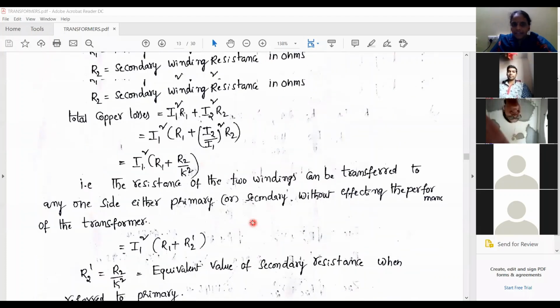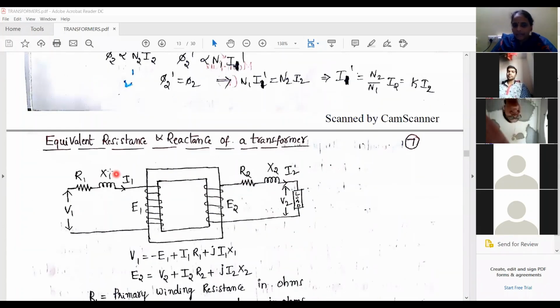Now primary winding parameters are R1 and X1, and secondary parameters are R2 and X2. I want to transfer my secondary parameters to the primary side. R2 and X2, when transferred to the primary, become R2 dash and X2 dash.